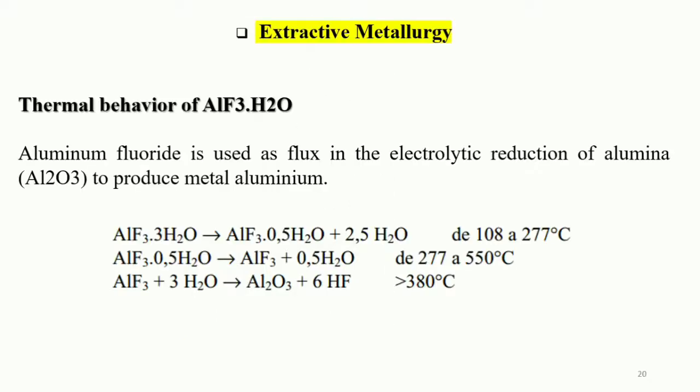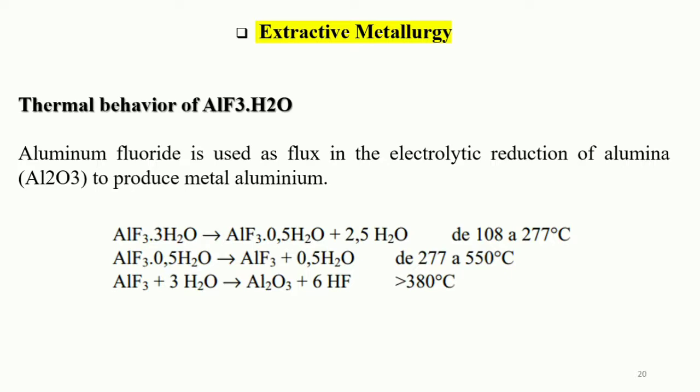The next one is extractive metallurgy. In extractive metallurgy, the first topic is the thermal behavior of AlF3·3H2O, aluminium trifluoride with 3 waters of crystallization. Aluminium fluoride is used as a flux in the electrolytic reduction of alumina, Al2O3, to produce metal aluminium.